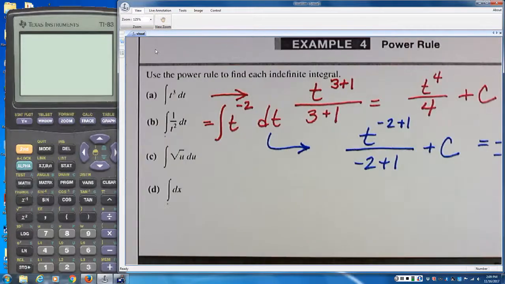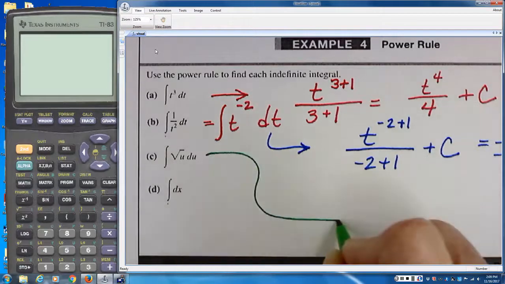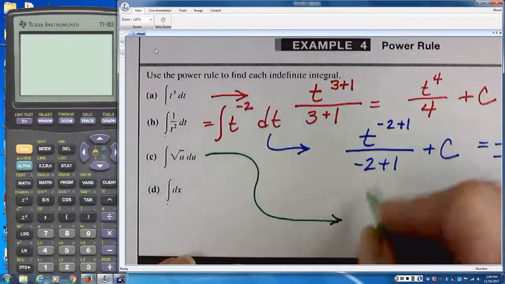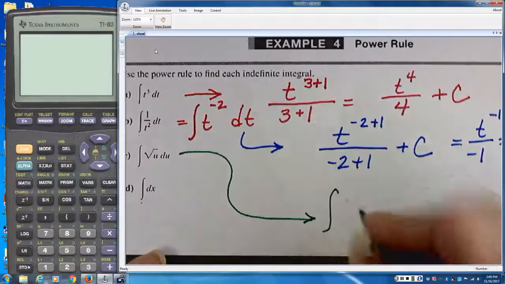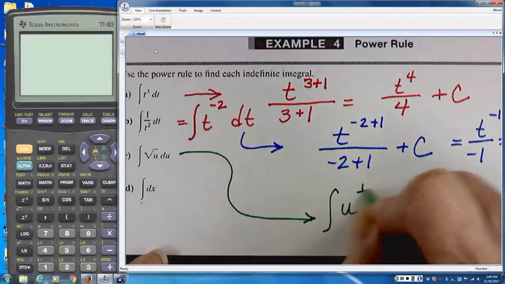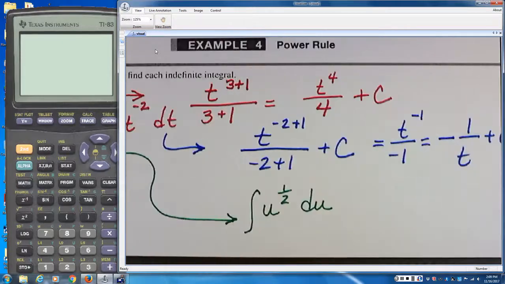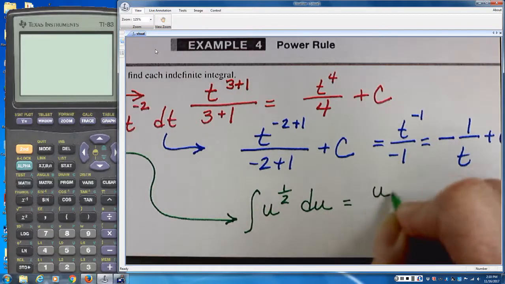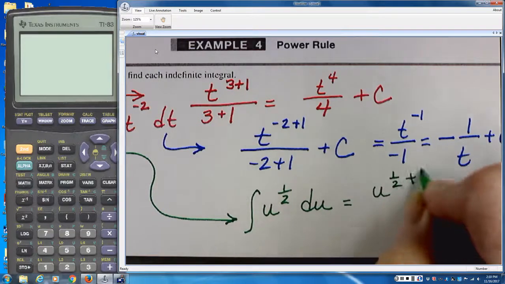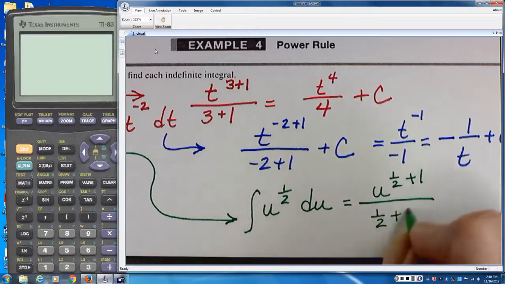And then our next one says, take the integral of the square root of u du. Okay, the integral of the square root of u is the same as the integral of u to the 1/2 power. So the way we're going to take its antiderivative, we're going to take u to the 1/2, add 1 to it, and divide by 1/2 plus 1.